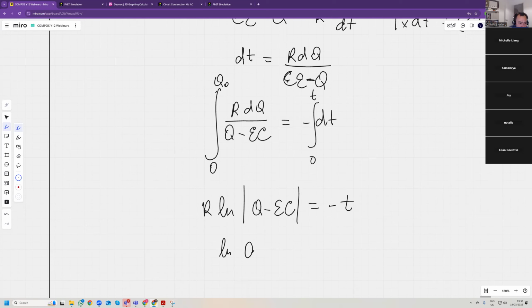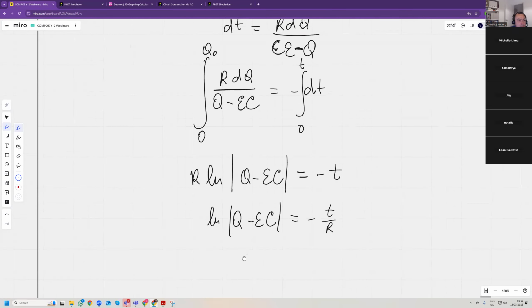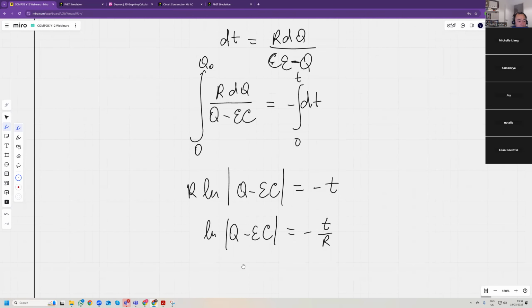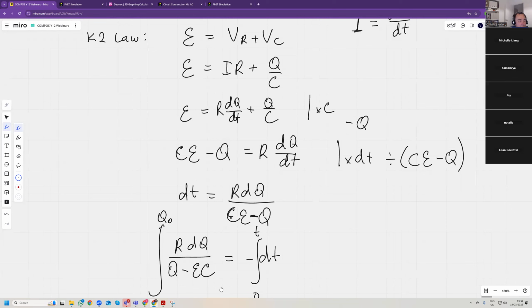So ln of Q minus EMF C equals minus t over RC. Yes, apologies, of course, CR.